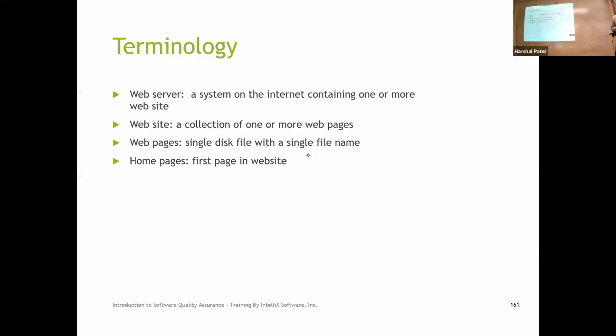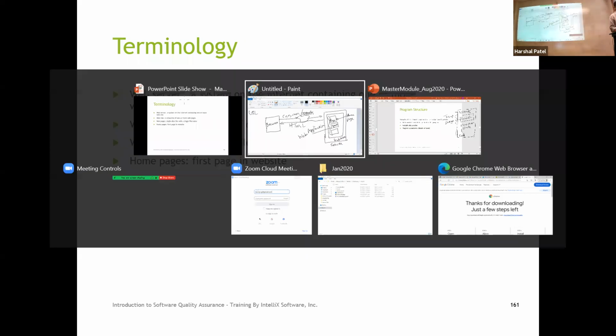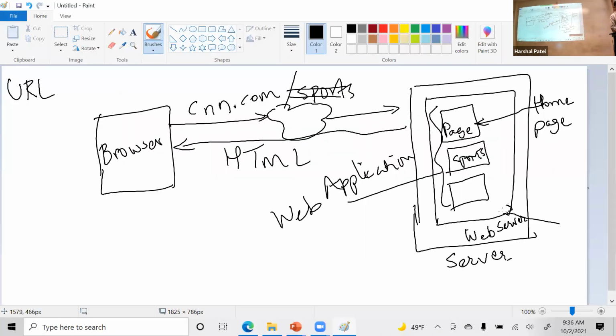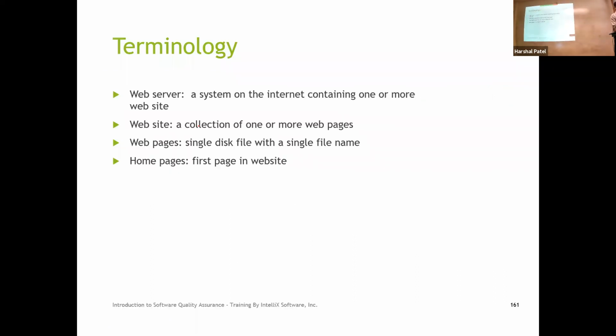So what you're going to look into is a web server, which was this particular guy. Let me see if I can change the color. This particular guy is a web server, and it's a website.